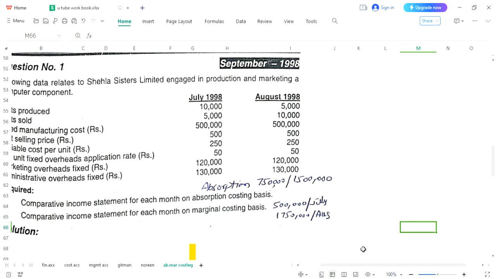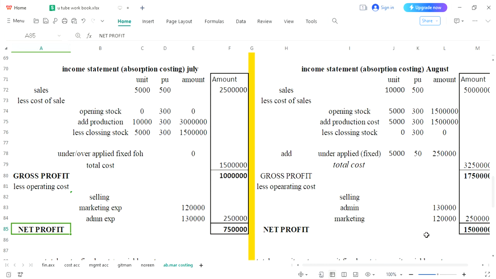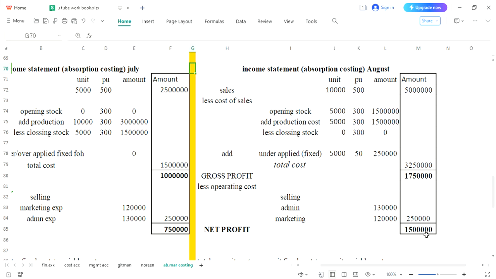Go to the question and you can see second answer was 15 lakh. First answer was 750,000, second answer 15 lakh. So both aspects have been completed. Income statement for July and income statement for August we were making.